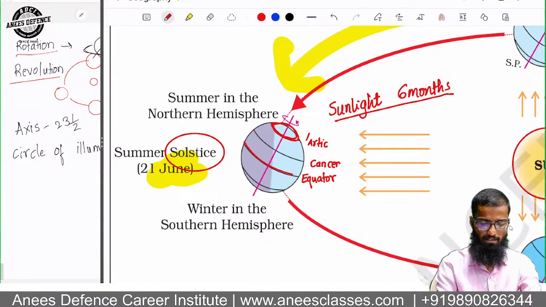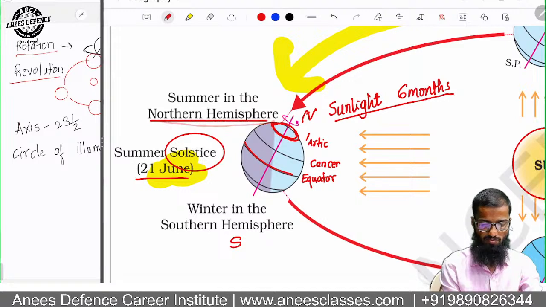Now this is happening on June 21st, and this is happening in the northern hemisphere. This hemisphere is the northern hemisphere, right? This is the North Pole and this is the South Pole. So here it is also written northern hemisphere.